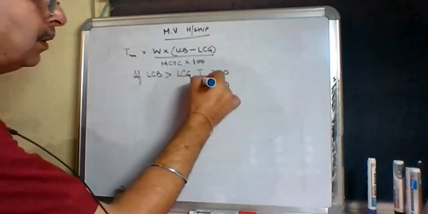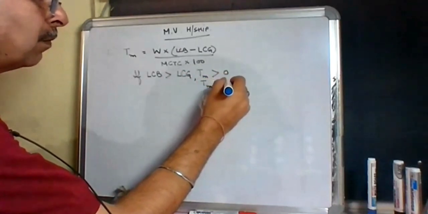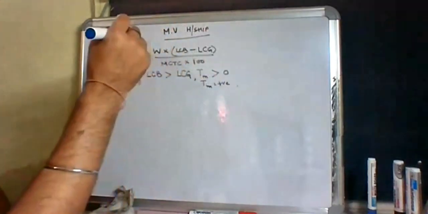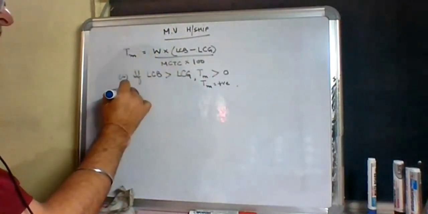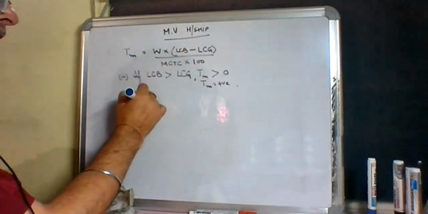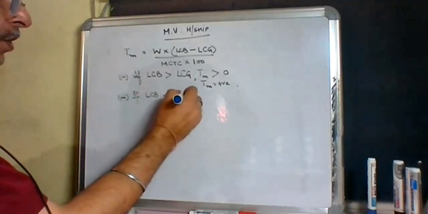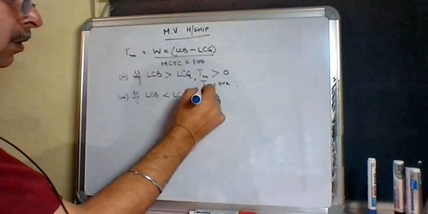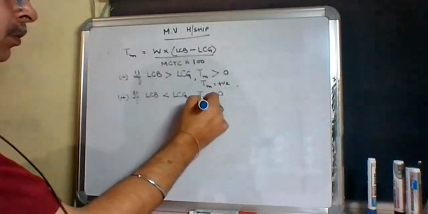That means trim is positive. If LCB is less than LCG, trim is less than 0.